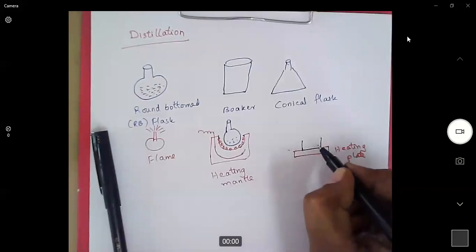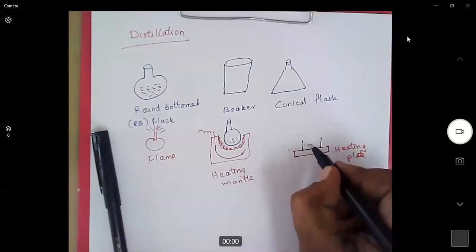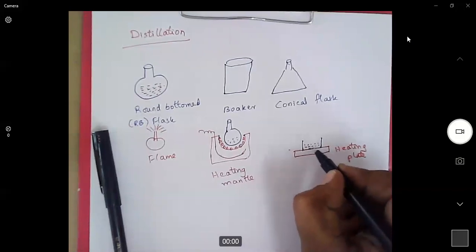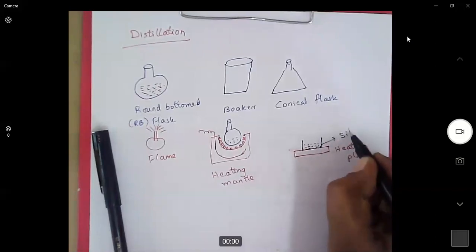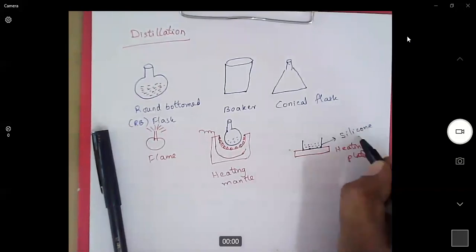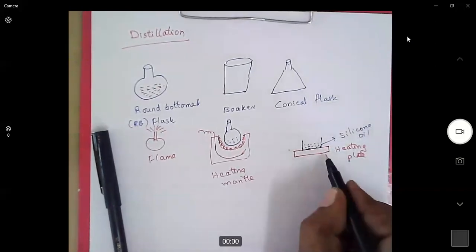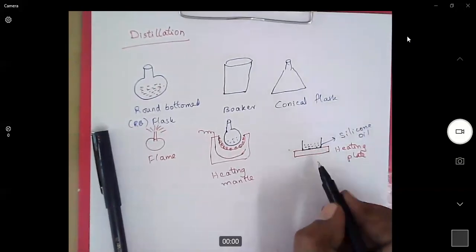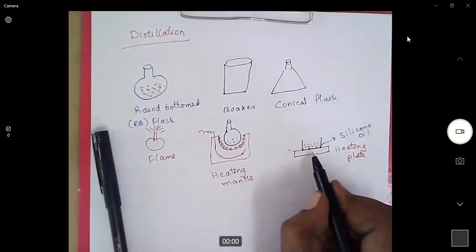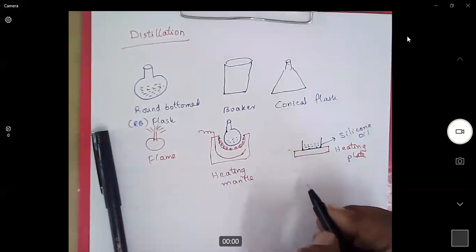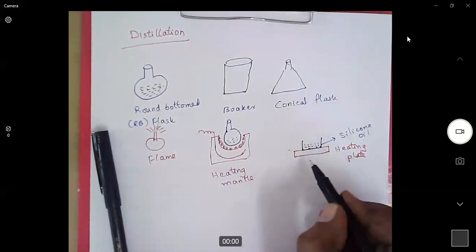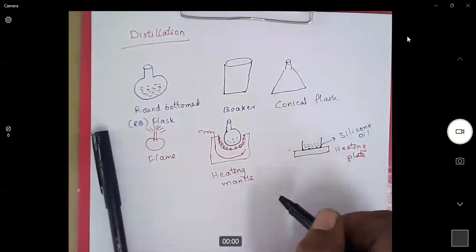It is a normal glass bowl which contains oil. Generally, we use silicone oil. When we heat this heating plate using electricity, the heat energy is supplied to the silicone oil. Here also we are using electrical energy to generate thermal energy.